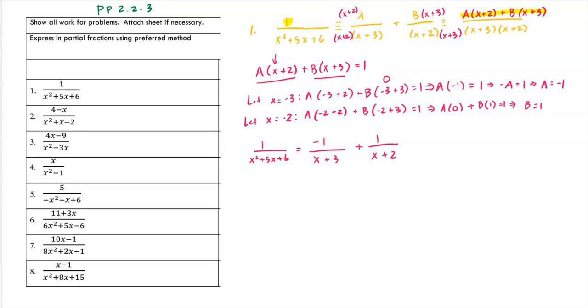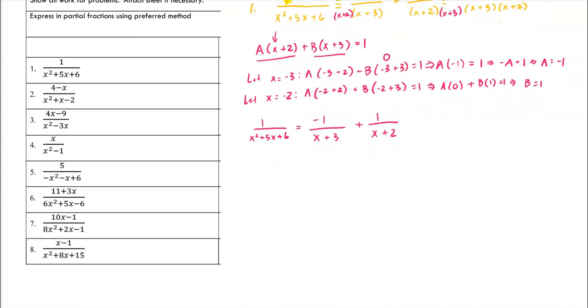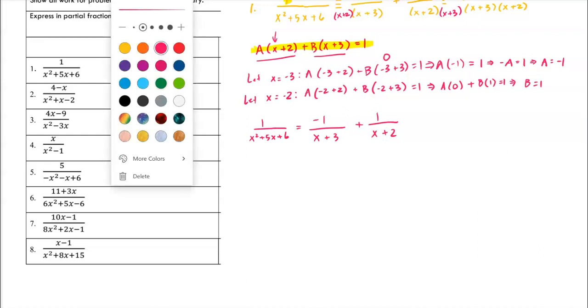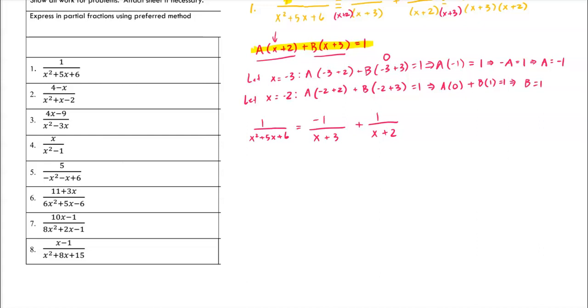Now remember, there is the algebraic way where we could take this right here and actually solve it with algebra. And I'm going to do it that way because, hey, stuck in my room, I've got all the time to do this. A times (x plus 2) plus B times (x plus 3) equals 1.